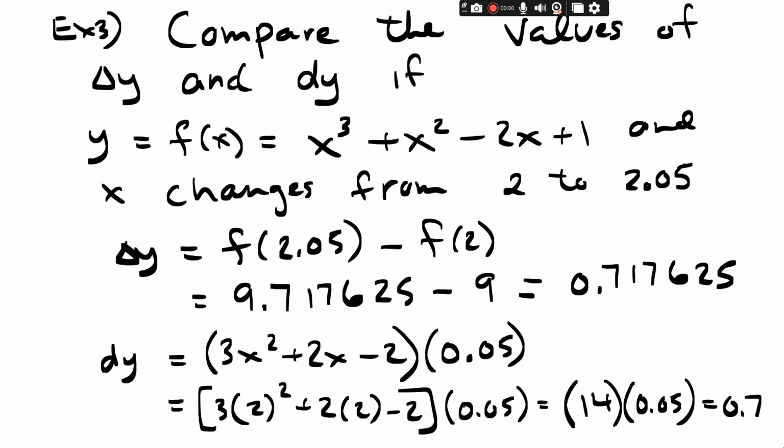Yeah, 0.7. And again, pretty close? Absolutely. That is a pretty close statement. So we're off by a 100th, right? Closer to 200ths, yeah. Closer to 100ths, to be technical. Cool. Okay. That's cool.